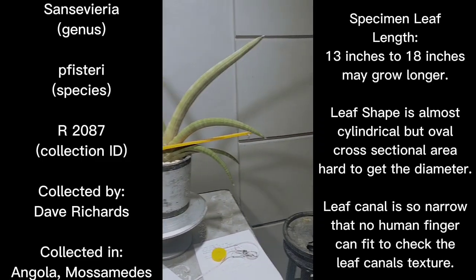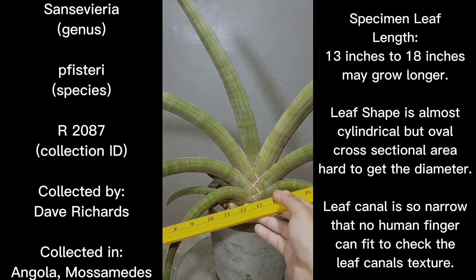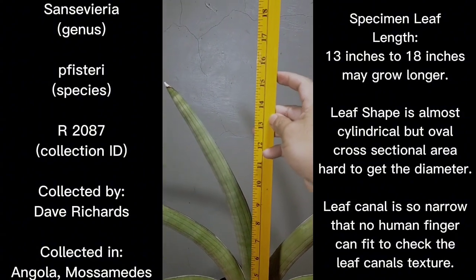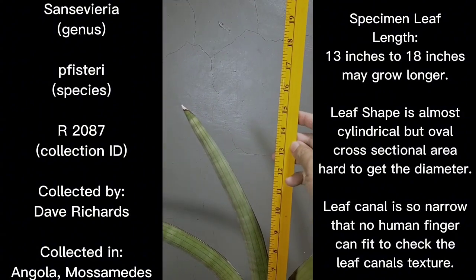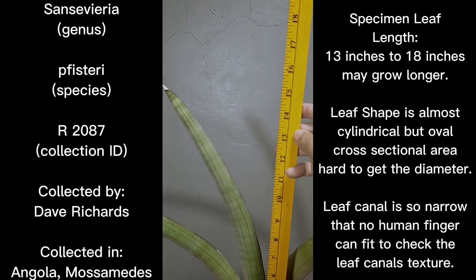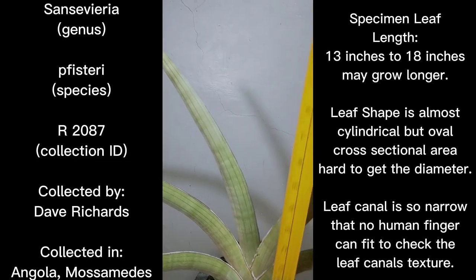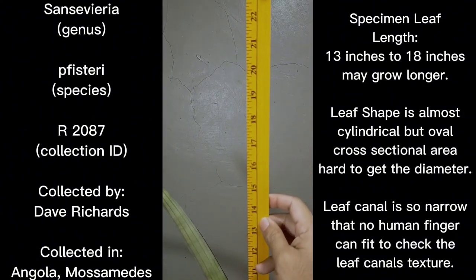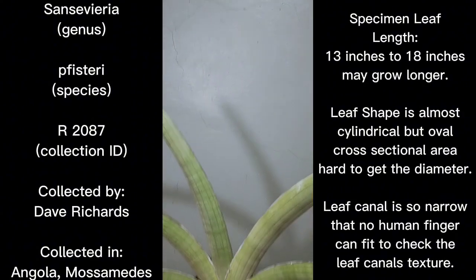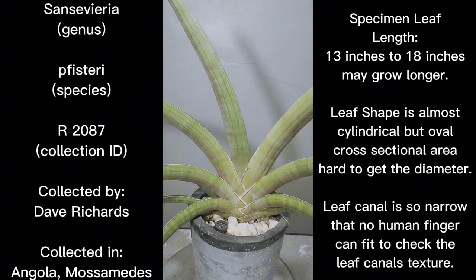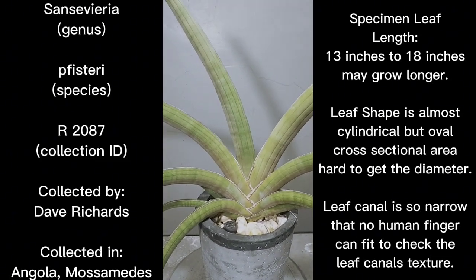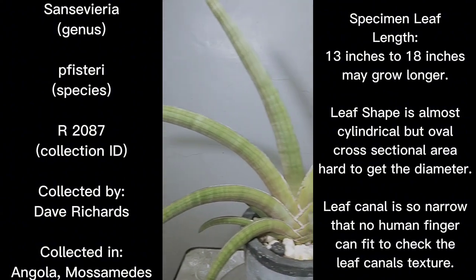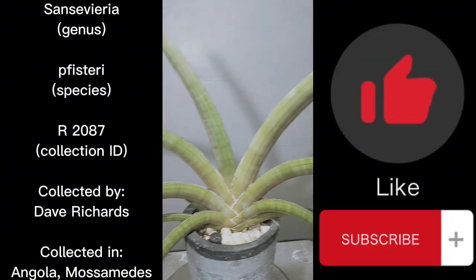So from tip to tip, it's 24 inches, and for the height, you'd be at around 16 to 17. That depends, if the leaf shoots upwards, then it might be around 20 to 22 inches tall. I'm not sure about other people's specimens of Sansevieria pfisteri, but what I'm showing you right now is actual data from my own specimen.